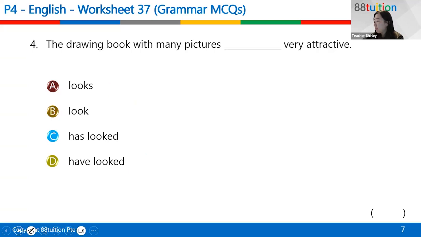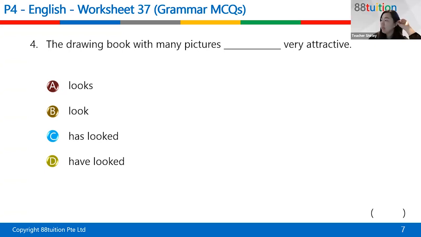Next one, the drawing book with many pictures, what very attractive. This is a bit tricky. Maybe we can have Ivan. Is it A?